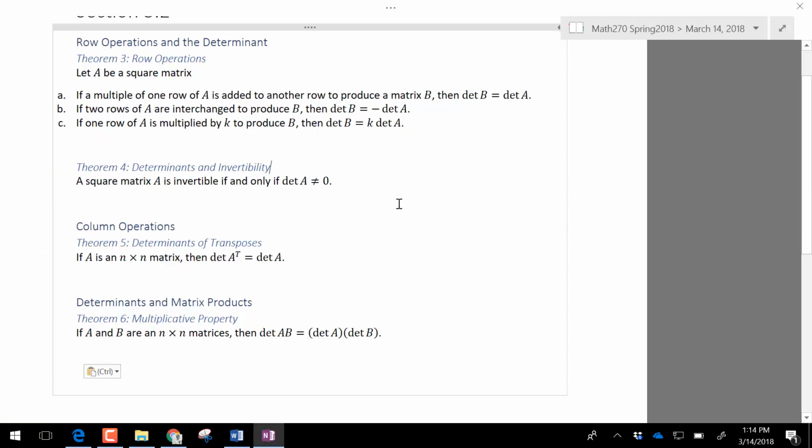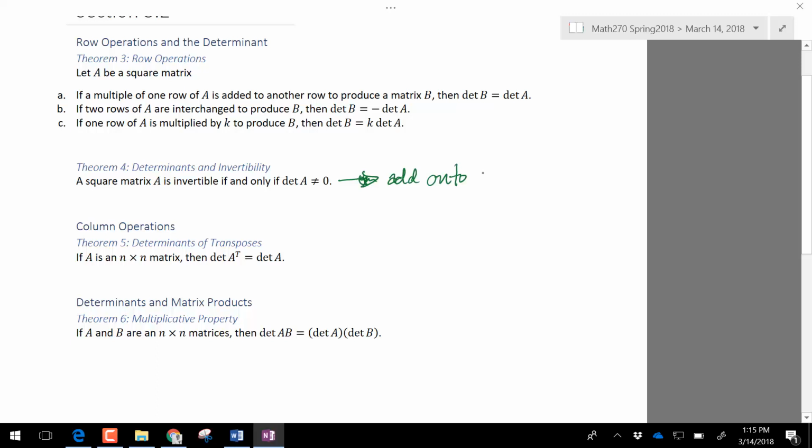So this really should go in the invertible matrix theorem. Add on to the invertible matrix theorem. Where are we now? R or something, or S, something like that?